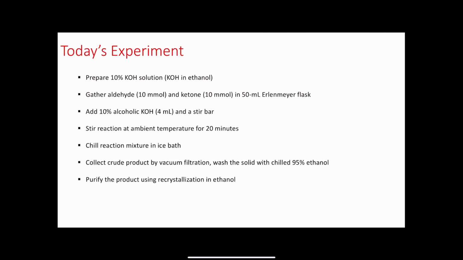And then you're going to purify the product using recrystallization, and we're going to use ethanol as the solvent for recrystallization. After that, you're going to use TLC, melting point, and proton NMR to characterize the product.